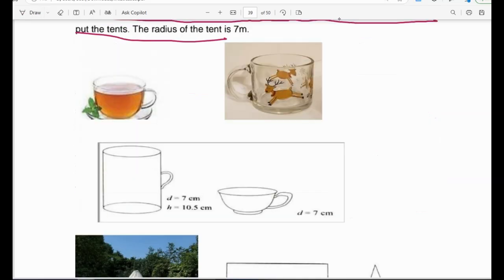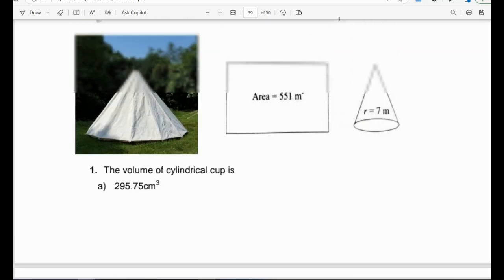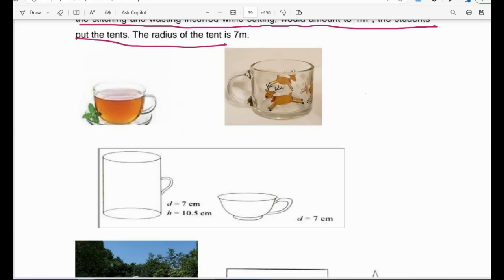So now what they're asking you to find first is the volume of a cylinder. What they have given is the diameter is 7. Radius will be 7 by 2. Now they're asking you the height.